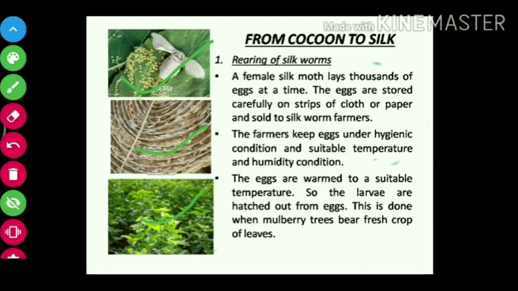So this is mulberry trees. When in mulberry trees there is the fresh crop of leaves, that time only the silkworm farmers take out the eggs to the suitable temperature, so the larvae are hatched out.